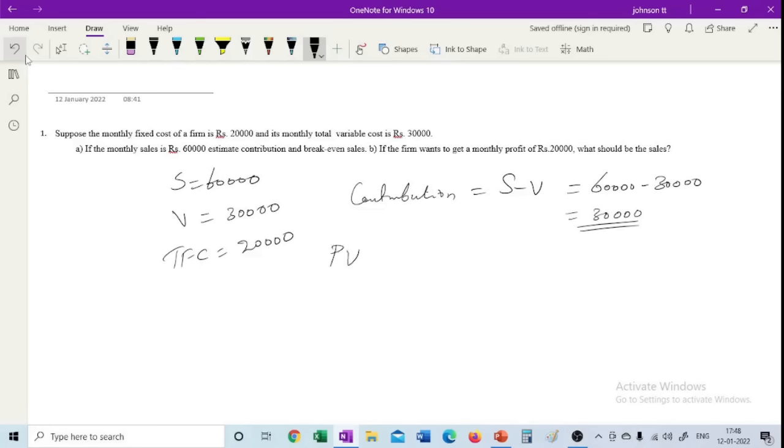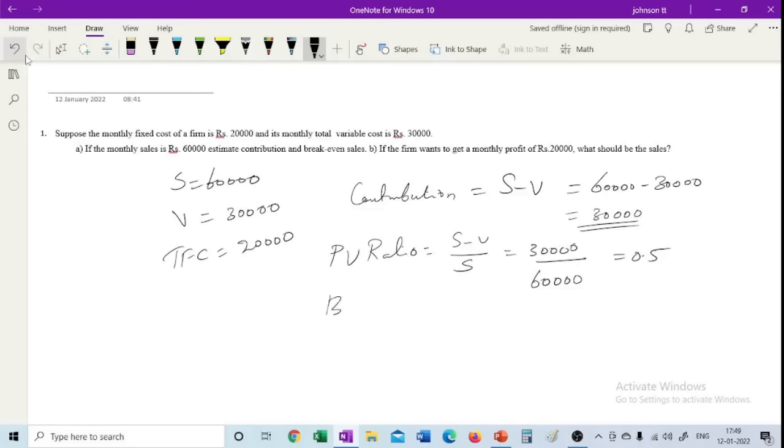So PV ratio equals S minus V by S. So that is equal to 30,000 divided by S, that is 60,000. So that is equal to 0.5.